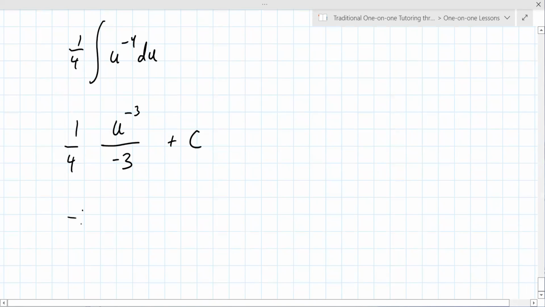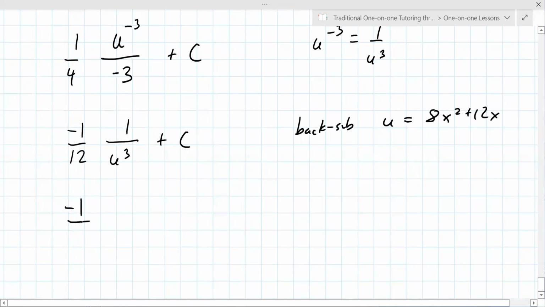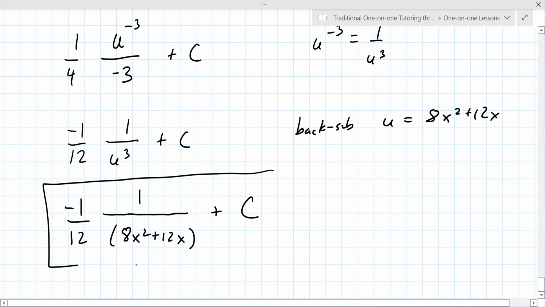So it becomes negative 1 over 12, 1 over u cubed, because u to the minus 3 becomes 1 over u cubed, plus c. And then the last step is to back substitute your u, 8x squared plus 12x. So it's minus 1 over 12, 1 over 8x squared plus 12x, to the power of 3, plus c. There it is.